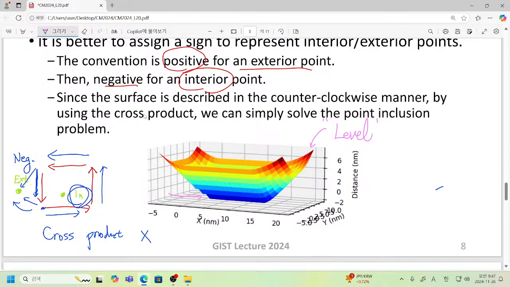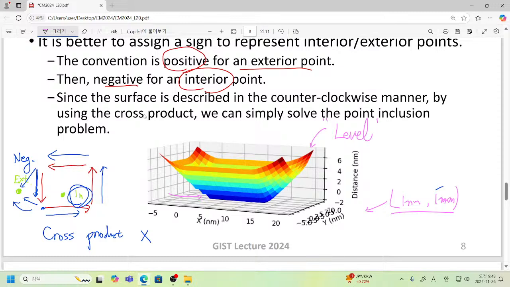So now let's assume that you have the level function defined on your regular grid. In this case, I just used a 1 nanometer by 1 nanometer grid for the description. Of course, this spacing is not universal.